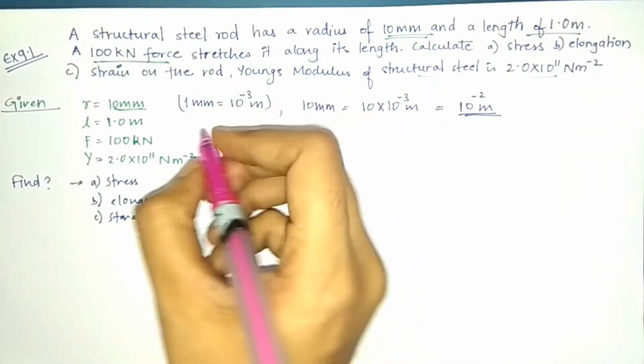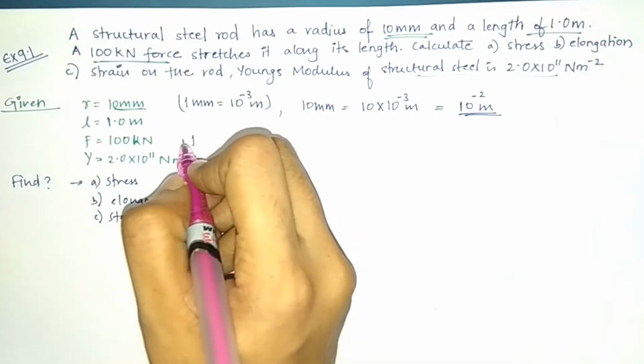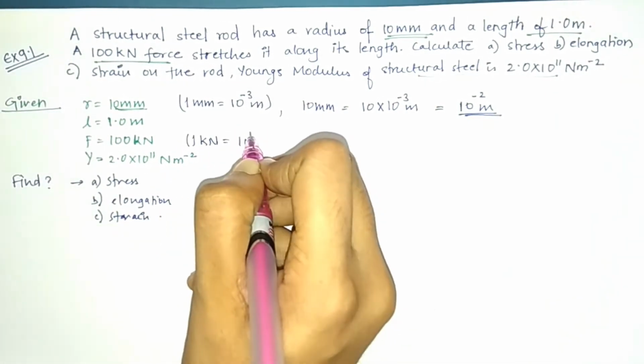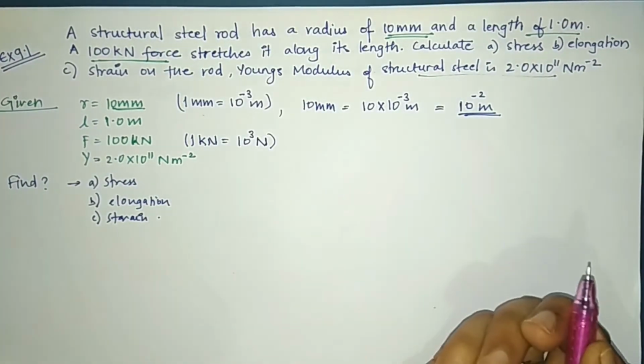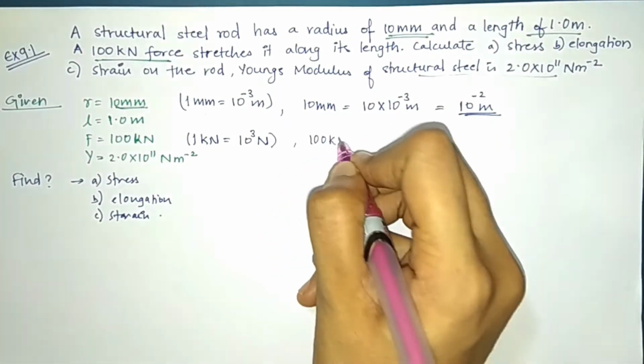Next is the force. Force is given as 100 kilonewton. We have to know the conversion factor first: 1 kilonewton is 10^3 Newton. Now what will be 100 kilonewton?